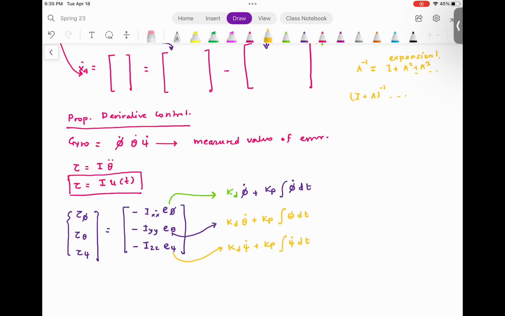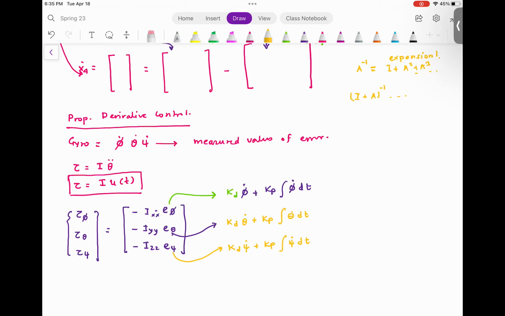That's why, if you can see here, this is the proportional gain, that is the derivative gain. Once again, I'll explain. We do not have a direct measurement of roll, pitch, and yaw angles. We have a gyroscope. The gyroscope is giving me the roll rate, pitch rate, and yaw rate.